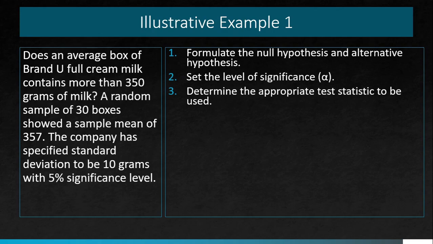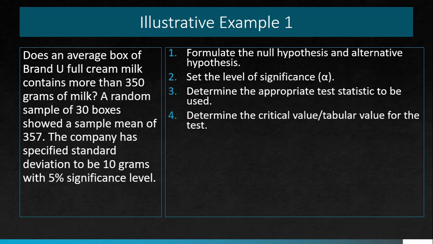Based on the title itself, for all of these examples, we'll be using the z-test for one sample mean. The next step is to determine the critical value or your tabular value, which will come from the table shown to you a while back, the critical values of the z-test.